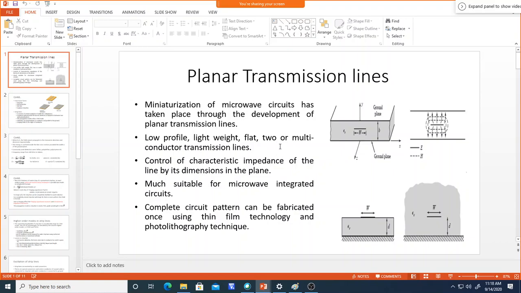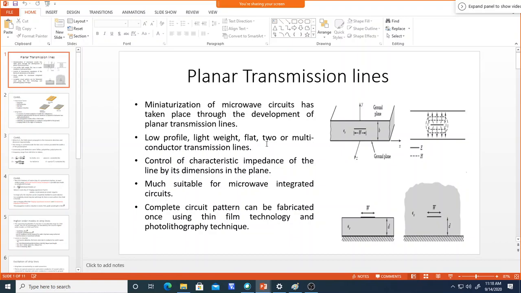Conformal in the sense that, for example, if the surface is cylindrical or any other surface, like an aircraft, we can mount the circuit pattern on other types of surfaces. But here in the planar transmission line, we take the flat type of circuits, so there is no bending kind of thing.